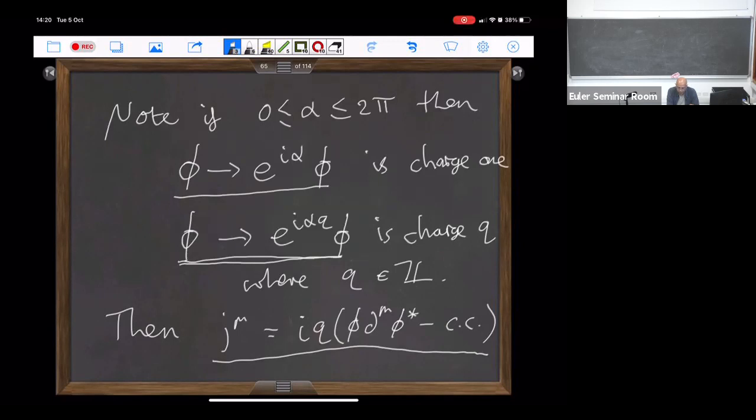But one can have any integer charge, where q is an integer labeling that charge, and charge q would correspond to inserting an extra factor of q in front of alpha.